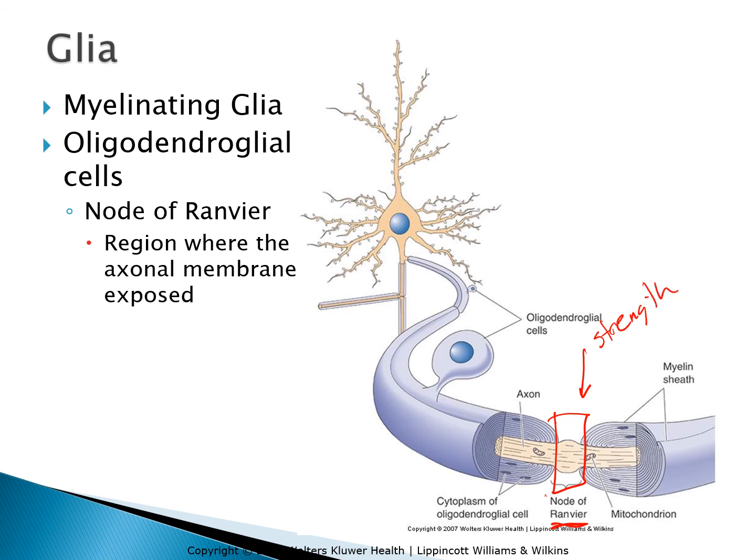So the membrane's exposed, we can reestablish the action potential, because it might have leaked out a little bit as it was passing down the axon, but here we're going to increase that strength again, get it back up to where it was when it first started, and really allow for that signal to pass further and faster.